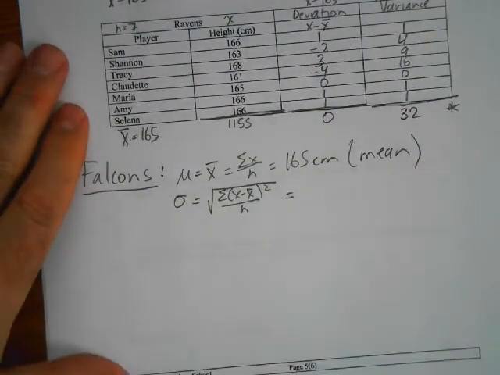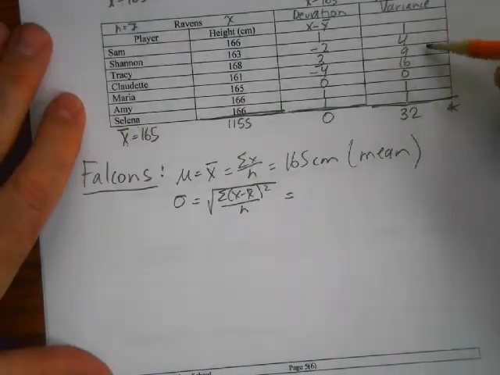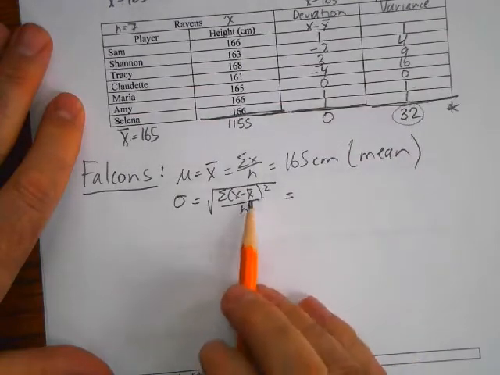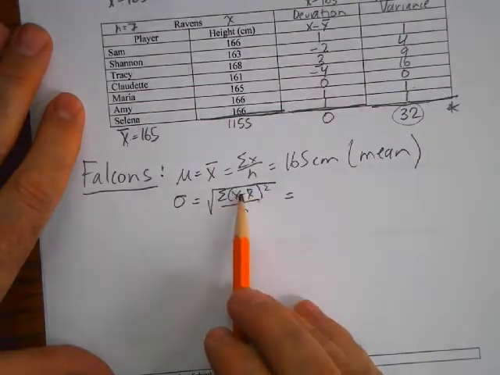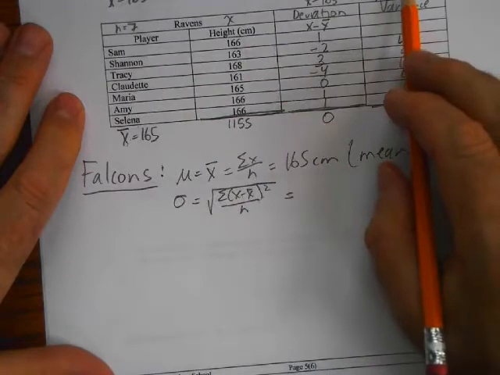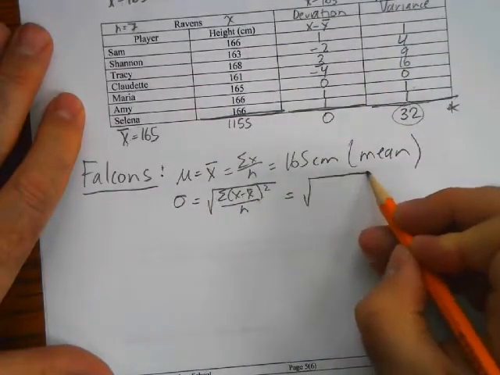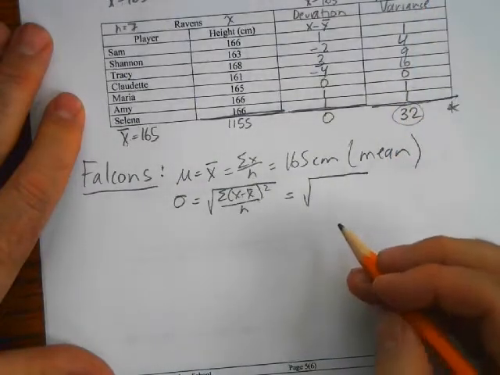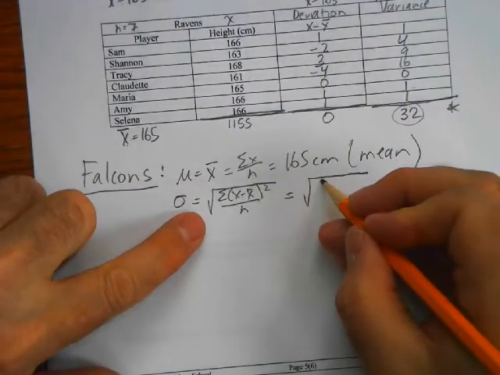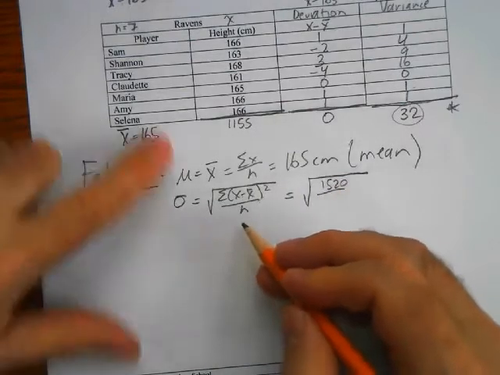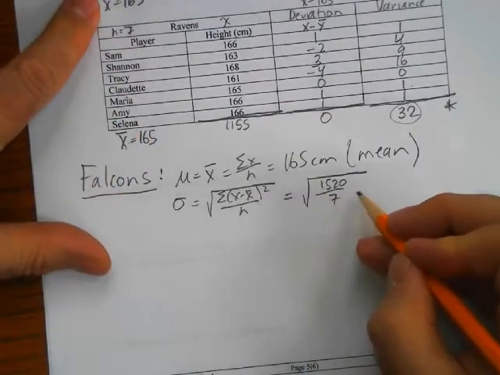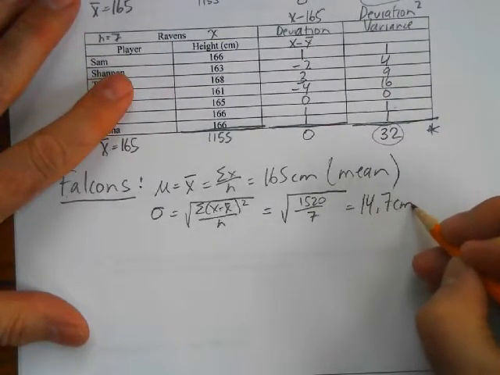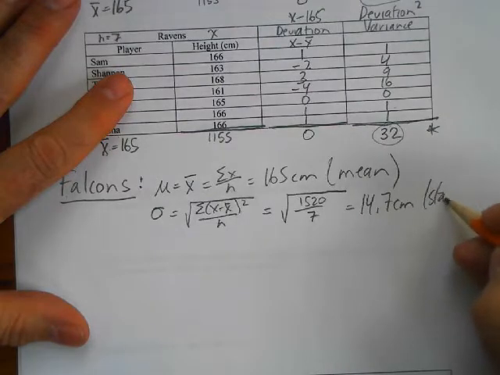So what we've actually calculated here, this 1520 and this 32, the sum up here is the 1520. So it's not as scary as it looks. This gets replaced with our sum of our variances. So that's 1520 over n. Our population was 7, and that works out to 14.7 centimeters. So that's the standard deviation.